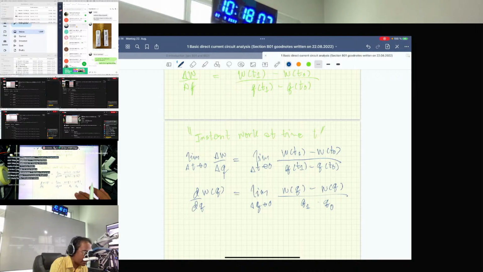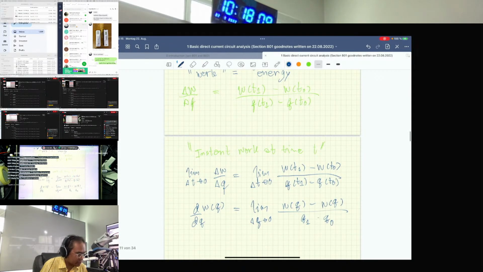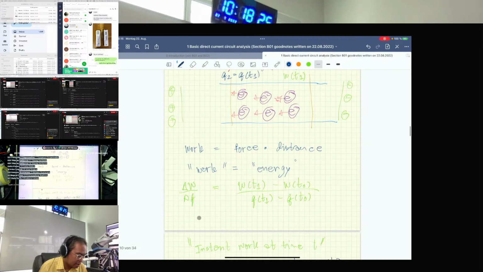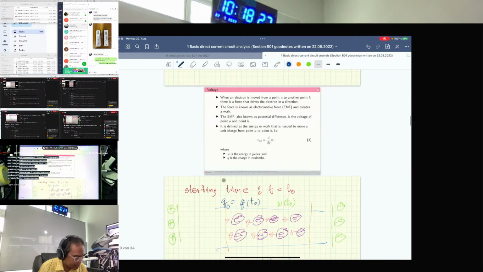Okay, yeah, that's why we have this ratio. The work difference, the energy difference, the energy change rate, okay, energy change per charge change, the rate of sharing of the energy per charge.